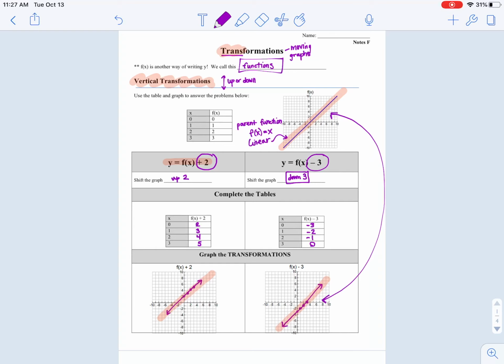So now if I have x plus 2, do you see how the difference here is that this is in parentheses? So when this is in parentheses, that's how we know left or right. If it is a plus, that means it's going to go to the left 2.